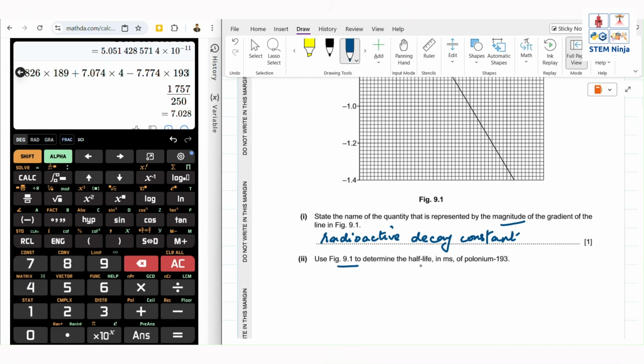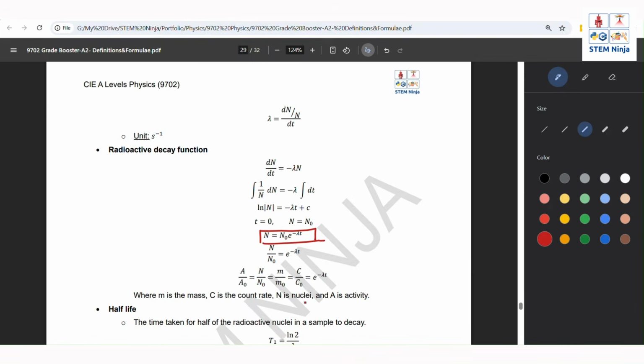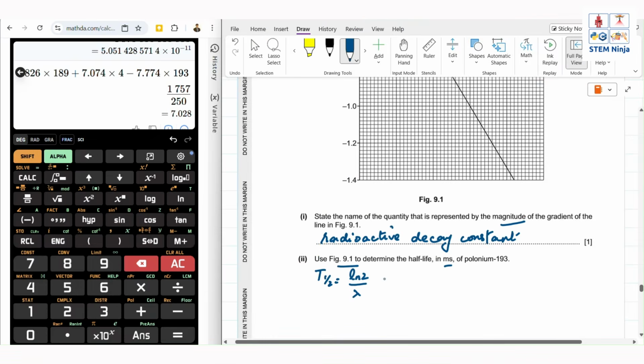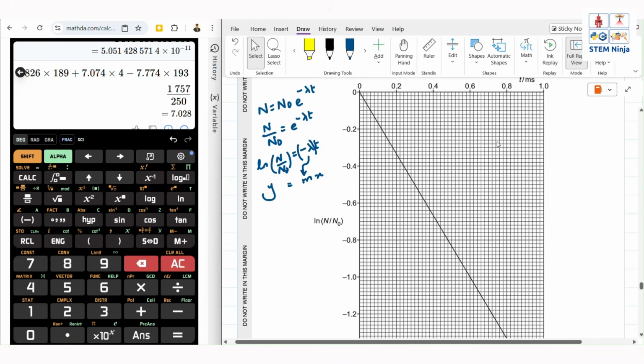Use figure 9.1 to determine the half-life in milliseconds of polonium-193. So how is radioactive decay constant related to that? Half-life is ln2 over lambda, again also written over here. Now, all we have to do is figure out the gradient.